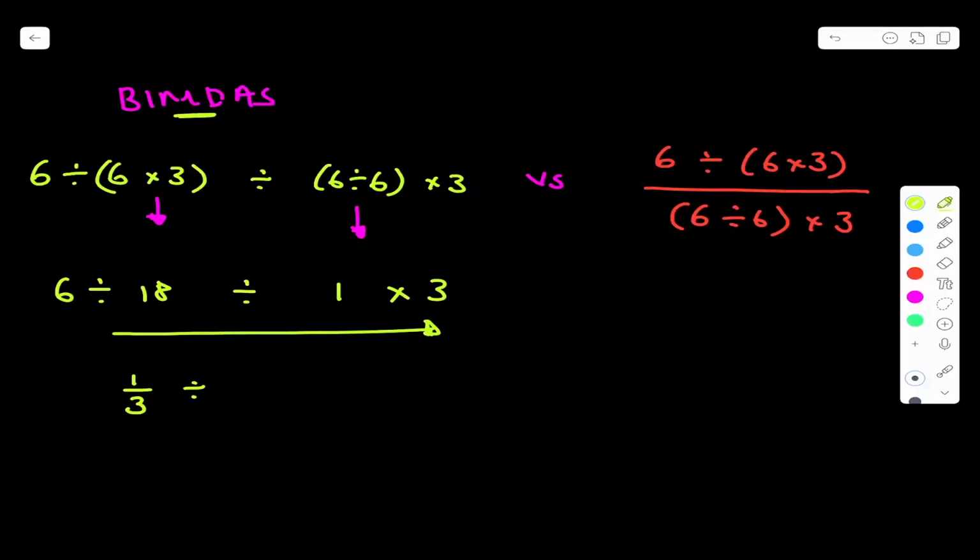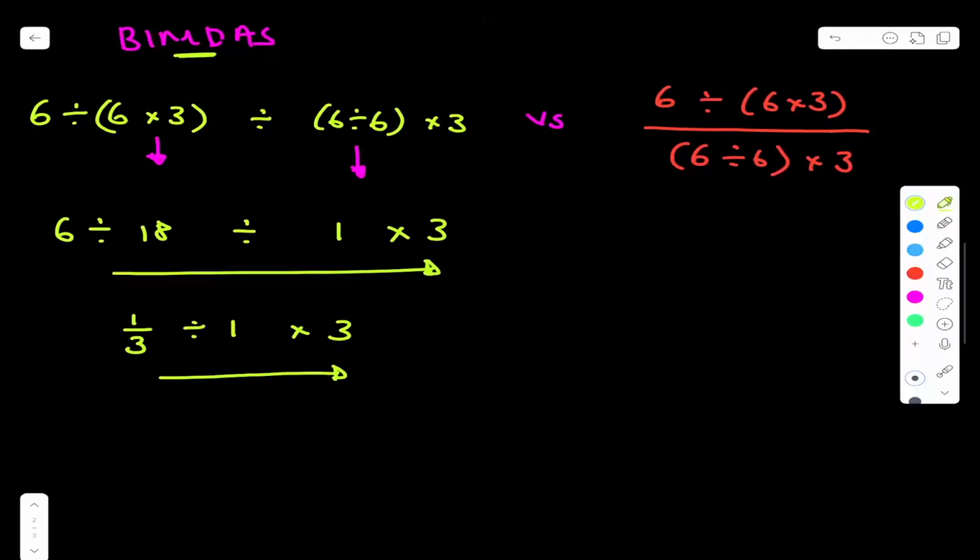And then you've got divide by 1 times 3. Remember, we're going left to right. So 1 on 3 divided by 1 is quite easy, but let me quickly show you how you would divide fractions. As a whole number, you could just write 1 and put it over 1, because any number can be written over 1.